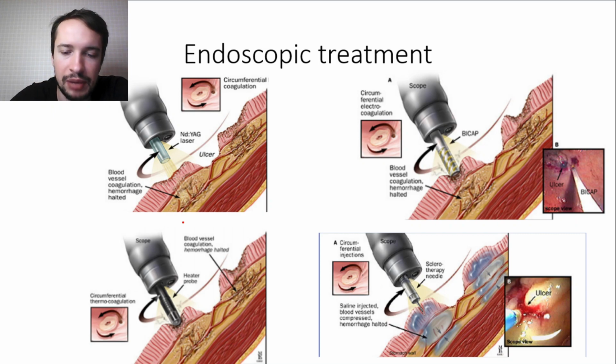This probe may be passed through the biopsy channels of larger endoscopes and positioned on bleeding lesions to produce tamponade and heat. Studies have shown the heater probe to be safe and effective for the treatment of ulcer bleeding or non-bleeding visible vessels, achieving hemostasis and significantly improving clinical outcomes.